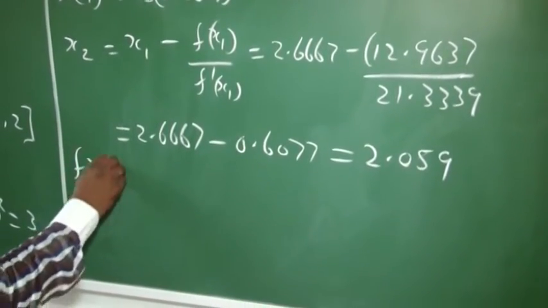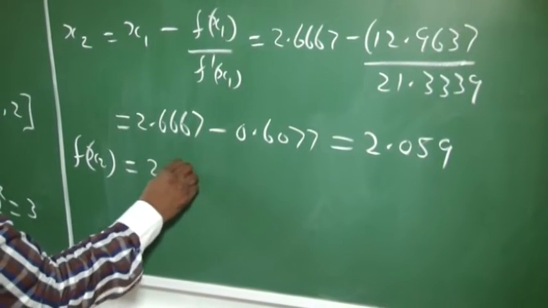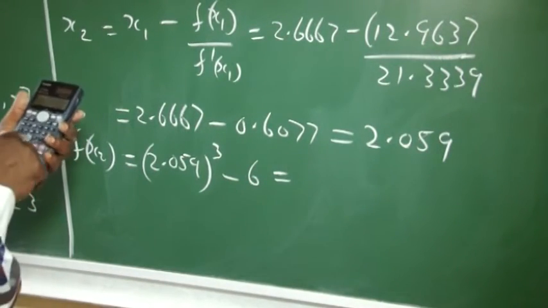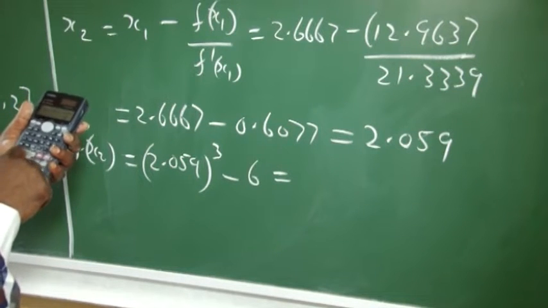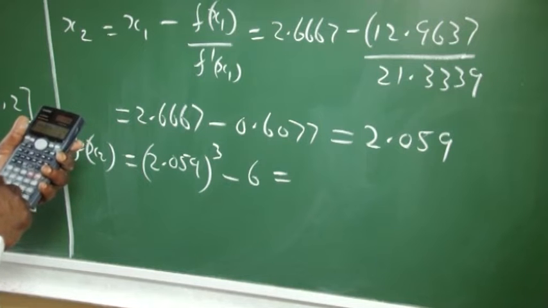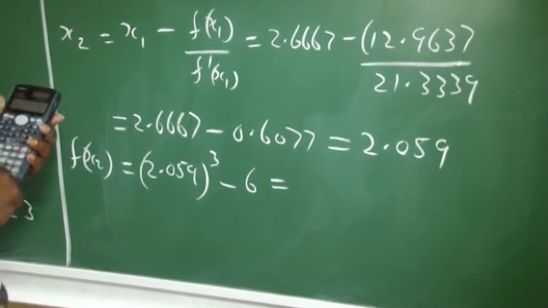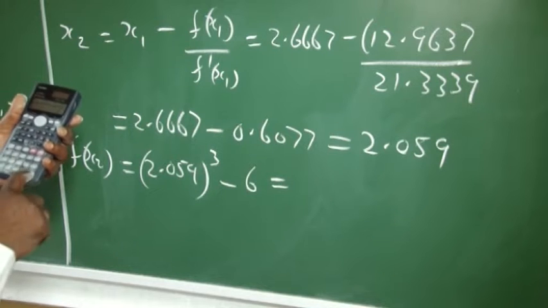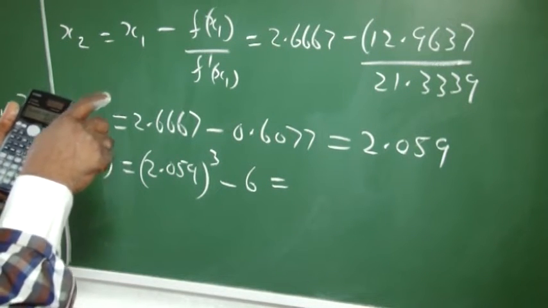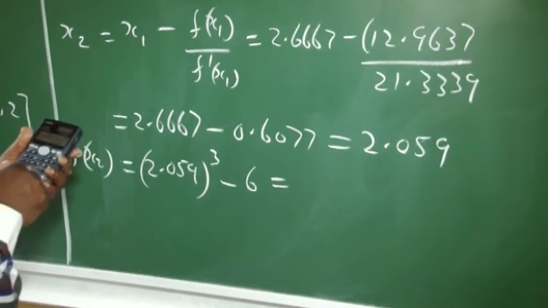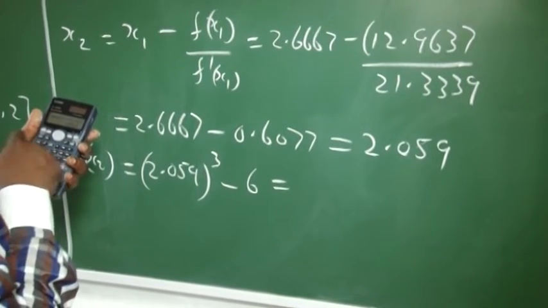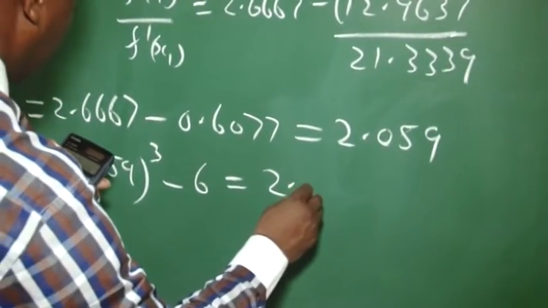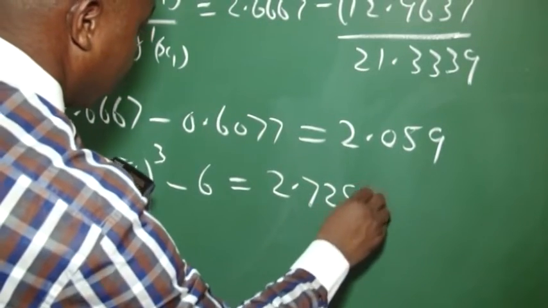Now f of x2 equals 2.059 cubed minus 6, which gives us 2.7291.